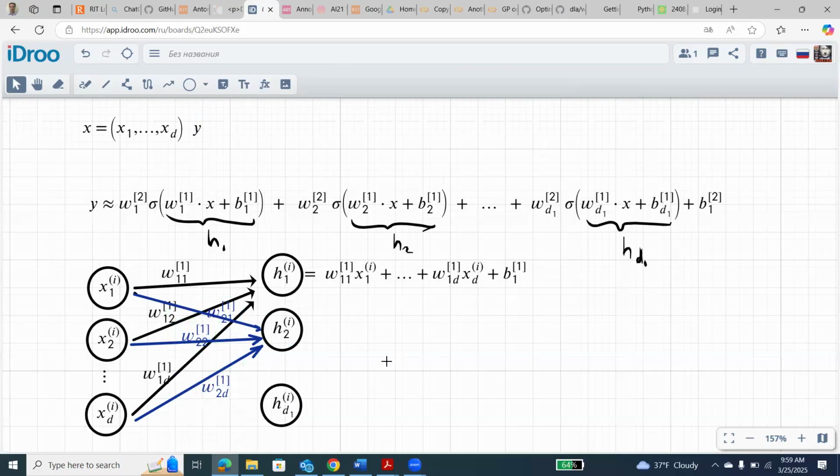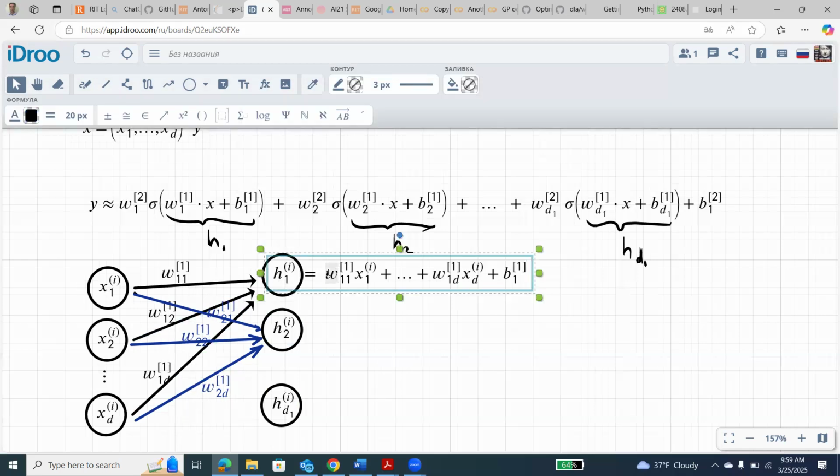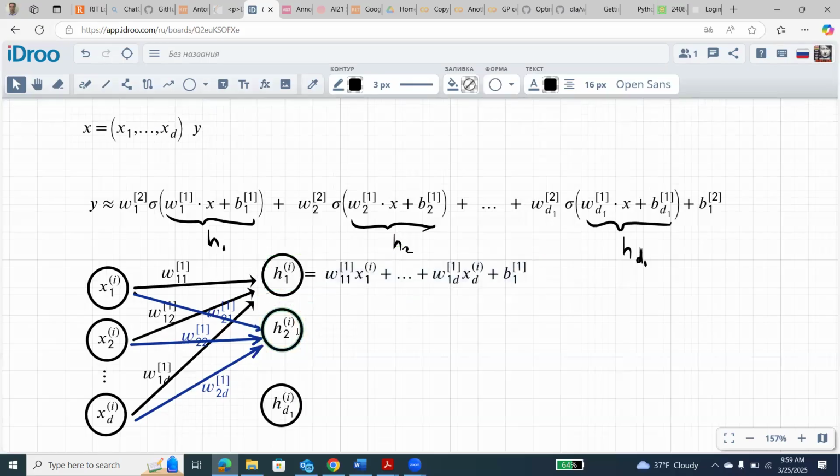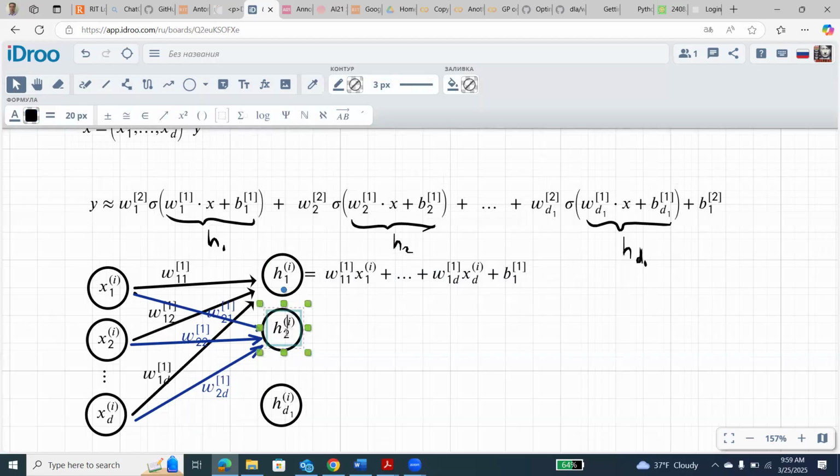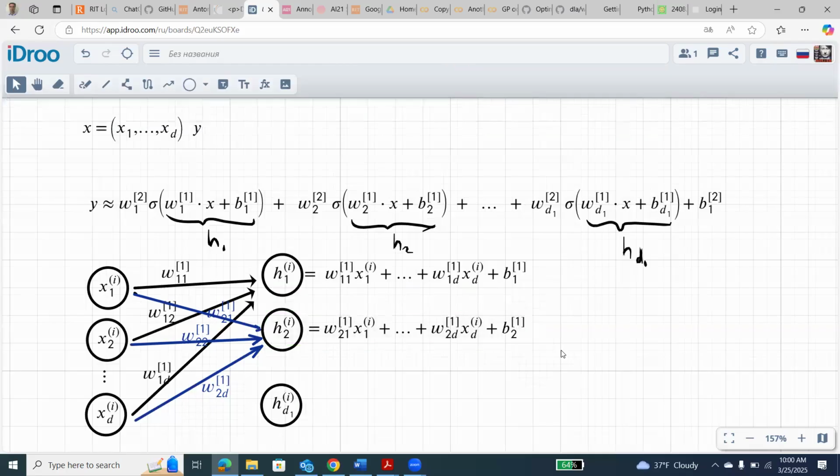And we'll add B2 as the bias term. So this is how we calculate these H variables.